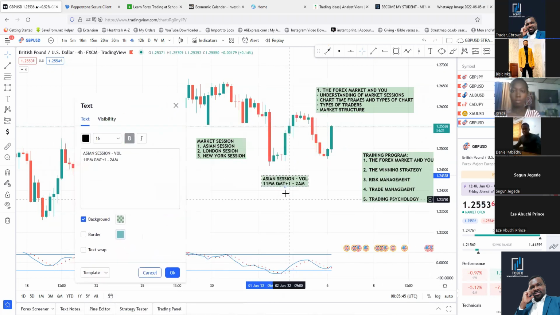Can you see that? It's on the screen now. So 2 a.m. in the morning, GMT+1. You want to be able to focus on this particular period in the Asia session.